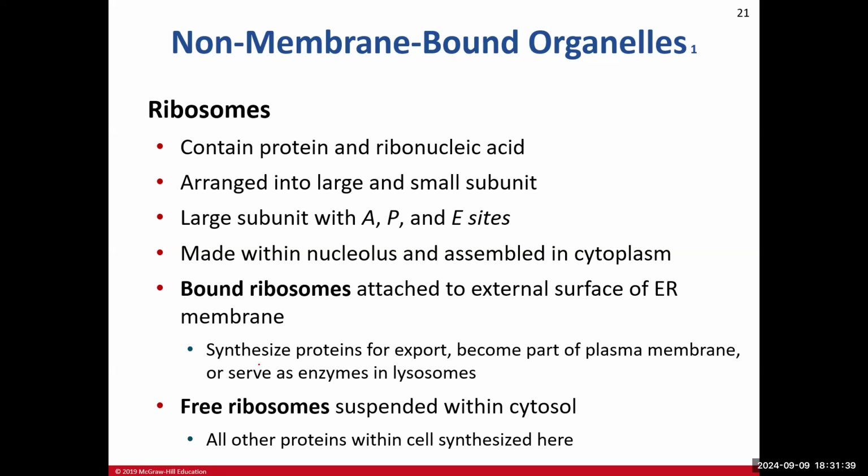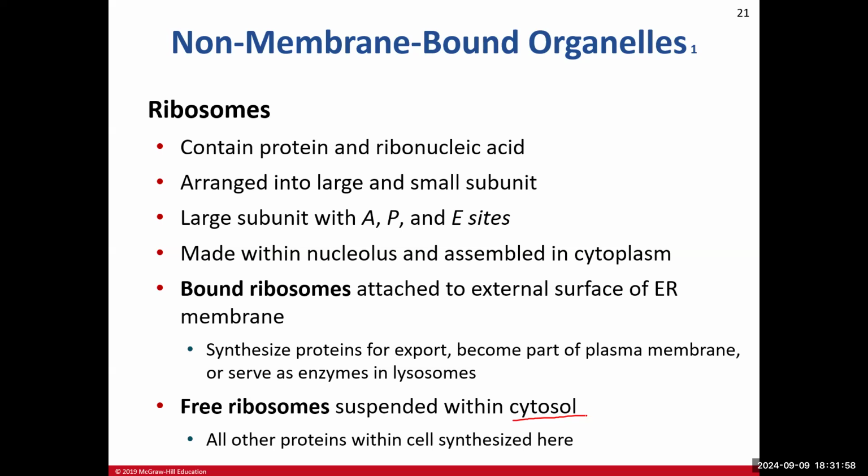They'll either be free floating, which we call the free ribosomes, hanging out in the cytosol, or you can have the bound ribosomes. We saw those because they sit on the endoplasmic reticulum and give it that rough external appearance.